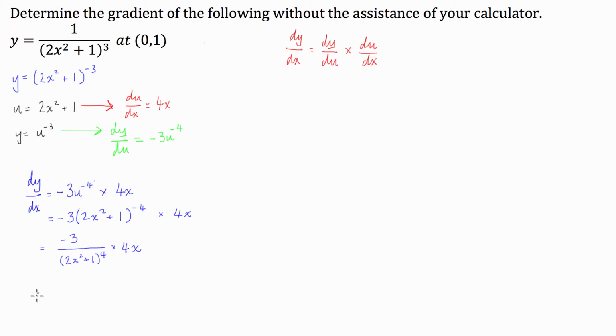And finally, it's going to equal negative 3, we can put the 4 up the top, so negative 3 times 4 is negative 12x, divided by 2x squared plus 1, all to the 4.